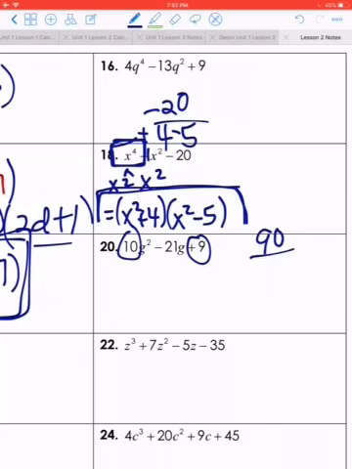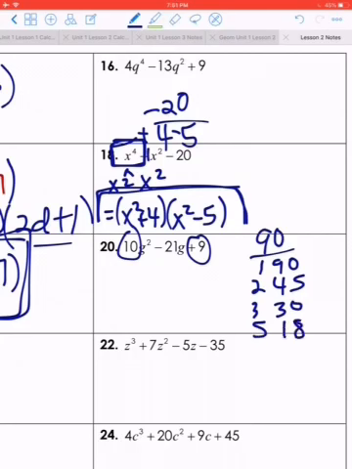And if you're super stuck, then write them out. I know 90 is 1 times 90, 2 times 45, 3 times 30, 5 times, let's see, 90 divided by 5 is 18, so we have 5 and 18.